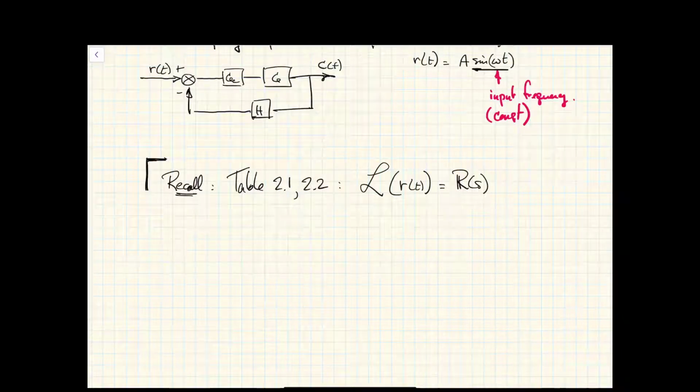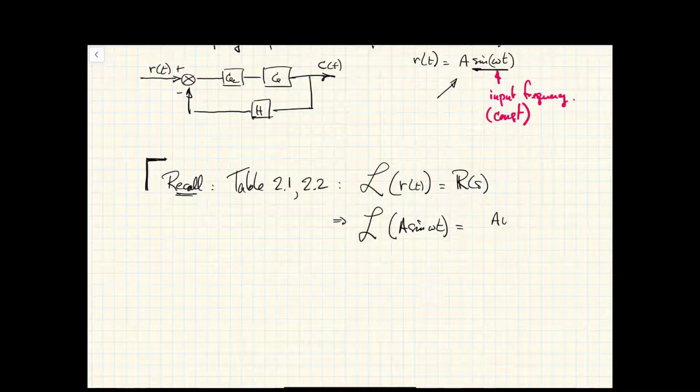The Laplace transform is going to map us into the S domain, and specifically what we're looking at is a Laplace transform of something that looks like this sinusoidal input. So it's going to be a Laplace transform of A sine omega t, and from table 2.1/2.2 we see that that's equal to A times omega divided by s squared plus omega squared.